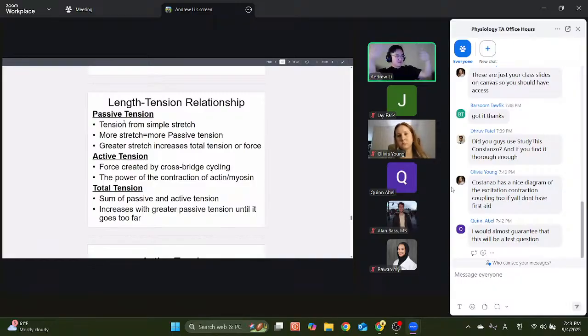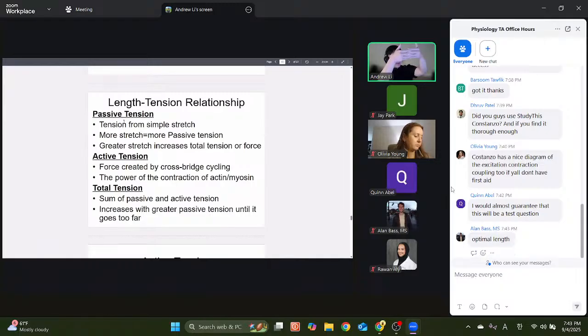Once your arm is half bent, there's more surface contact between the actin and myosin, so it's easier to generate that initial force to move a weight. Like if you're doing a bicep curl, it's harder when your arm is fully outstretched compared to when it's already half bent. So yeah, that was an important concept.